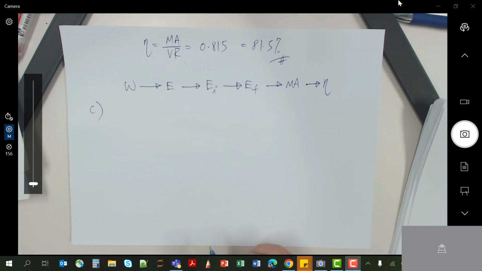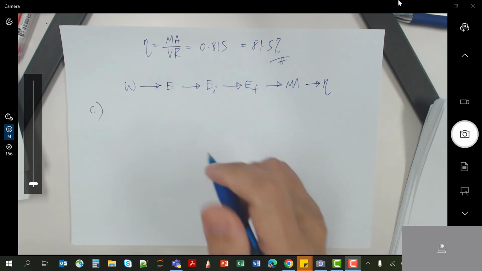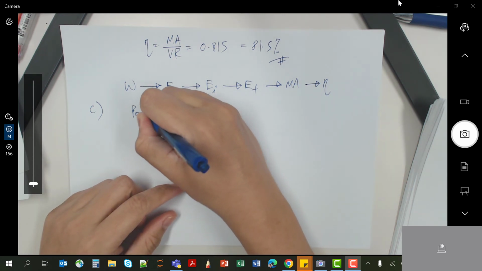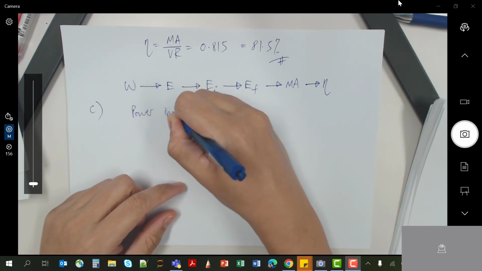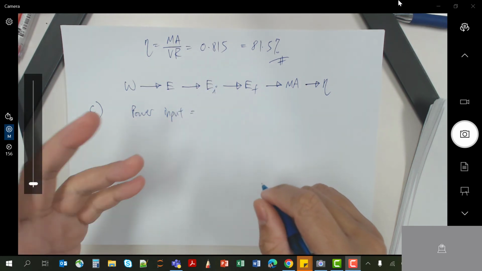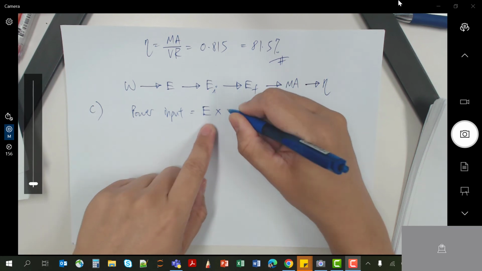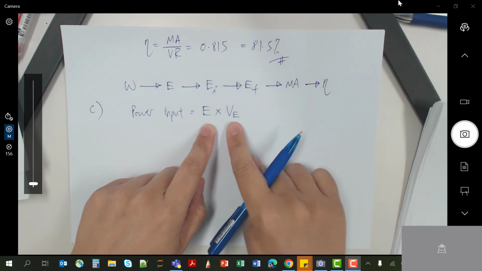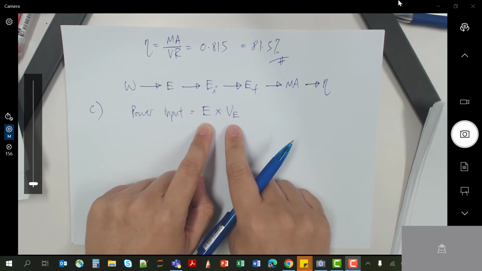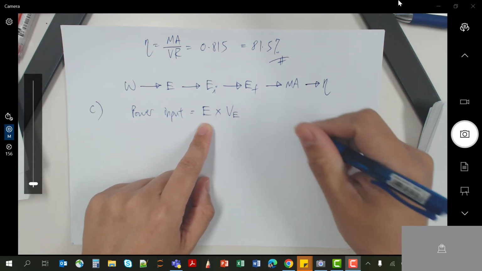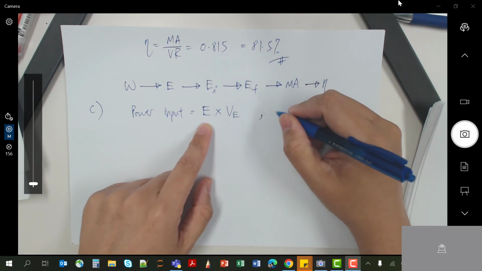Okay, again, the power required. All right, the required means required from you. How much effort are you supposed to put in? So the power is the power input. Okay, the input side is the effort side, which means you need to multiply effort with effort velocity. Okay, force times velocity. Okay, and again, they will never give you VE.